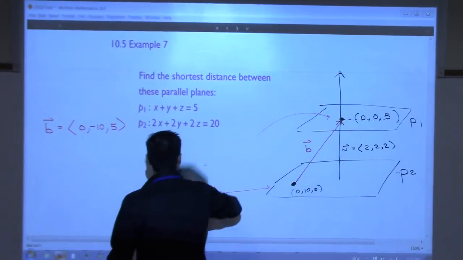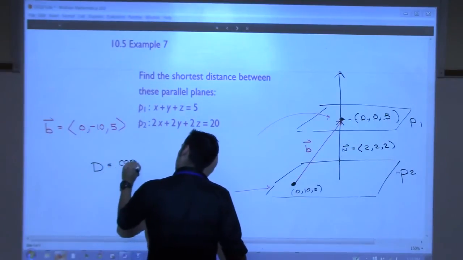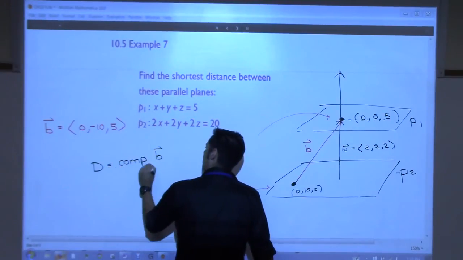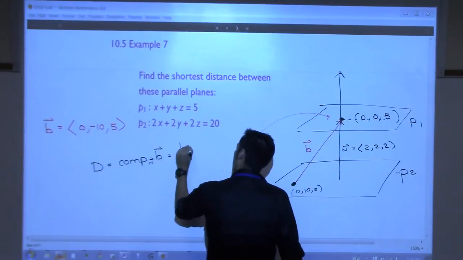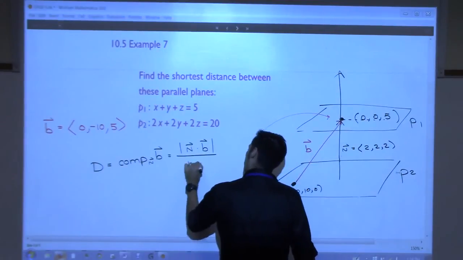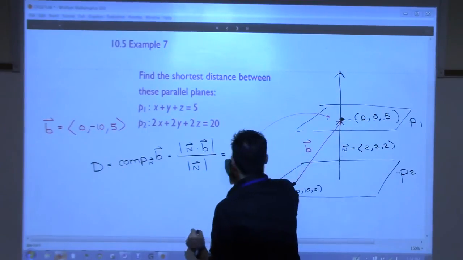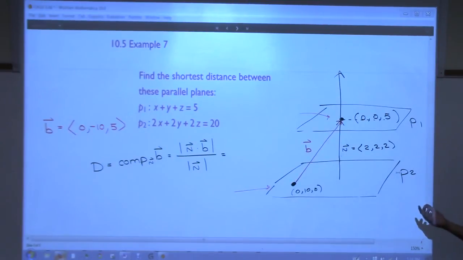All right, so here we go. The distance we want is the component of B onto N, which is the absolute value of N dot B over the magnitude of N, which equals for us, what's N dot B? Well, dot products are super easy, aren't they?